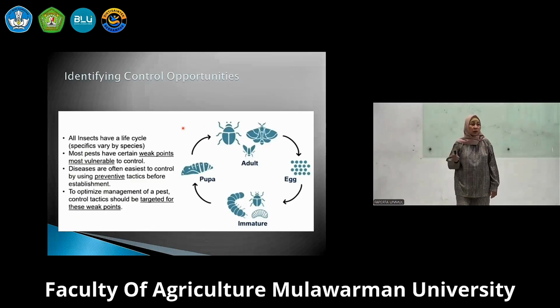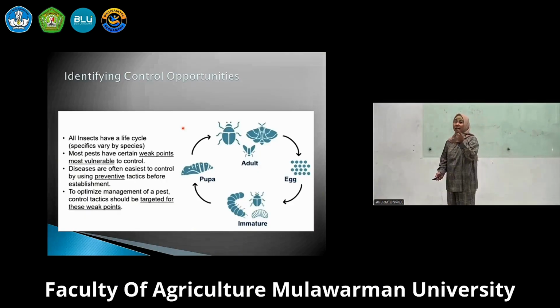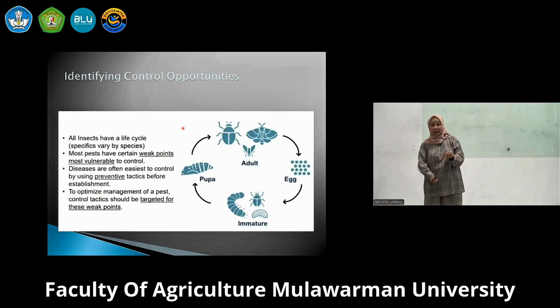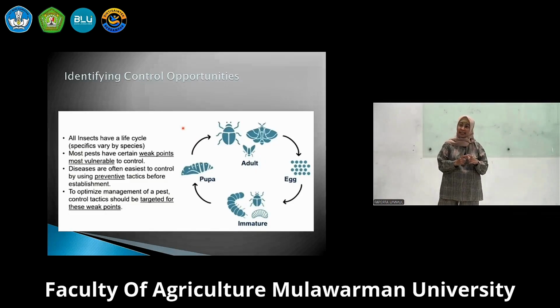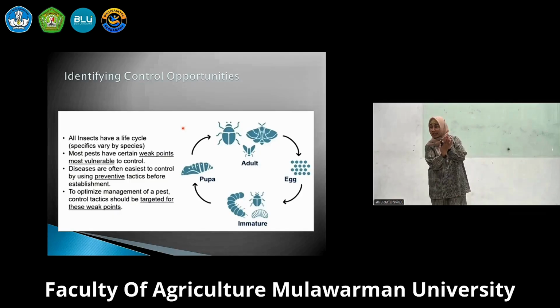If you want to control the one, it will be difficult. Why? Because it will fly forever, right? Very difficult to catch. But you have to know where the insect will lay the eggs. Sometimes on the fruit, sometimes behind.